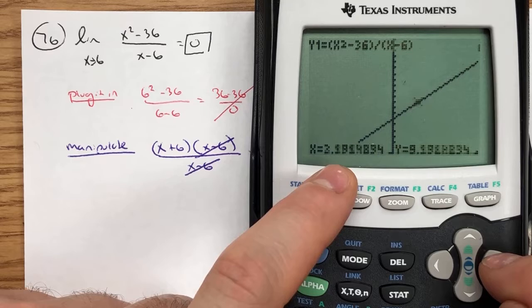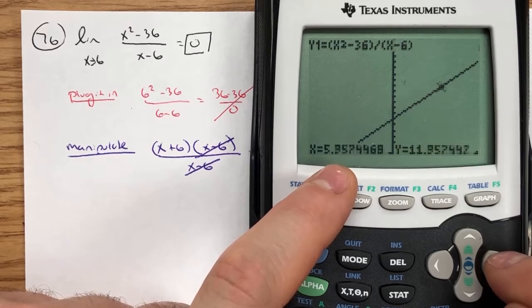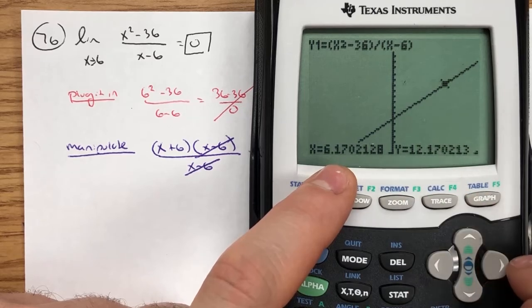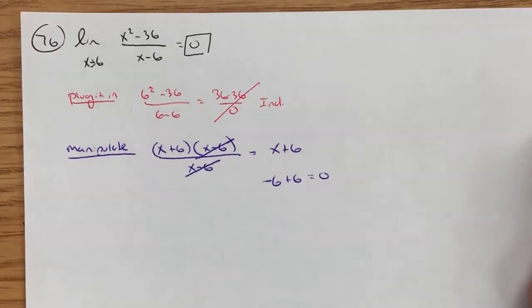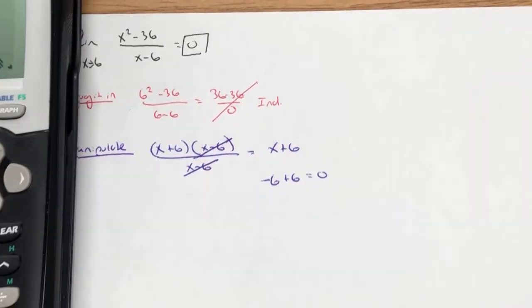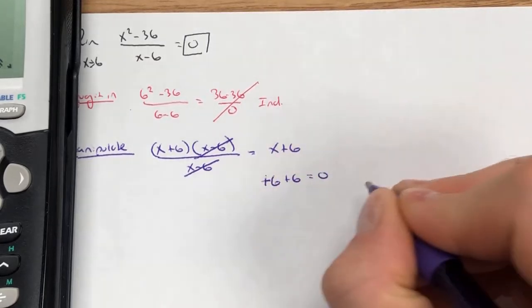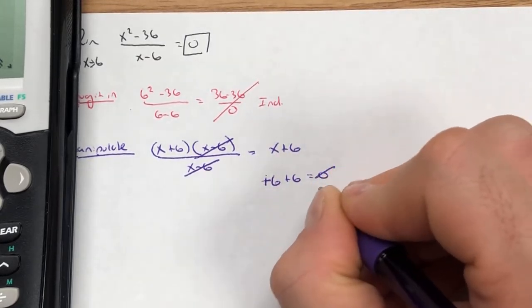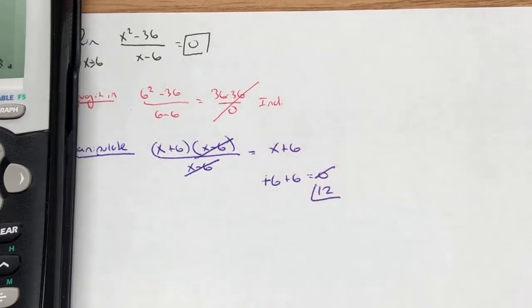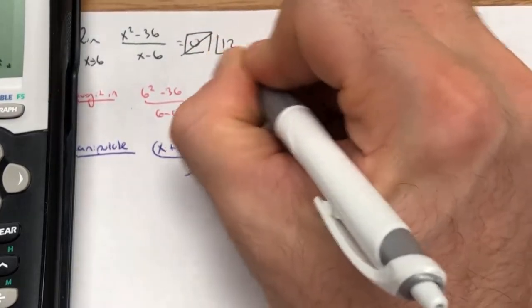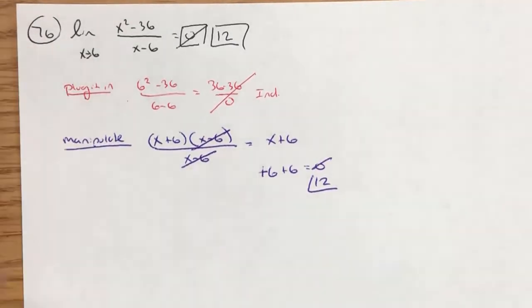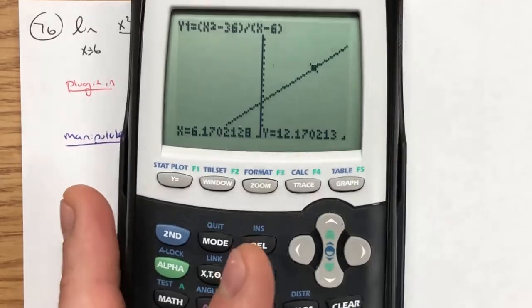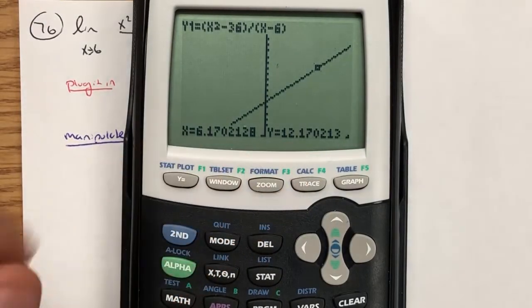As x approaches 6, we notice it moves smoothly over that value between 11 and 12. Oh, I plugged in a negative 6, that's why. Okay, plugged in a negative 6 again, because I misread my own writing there. But it's a good thing we checked that. So between 11 and 12, I got my value.